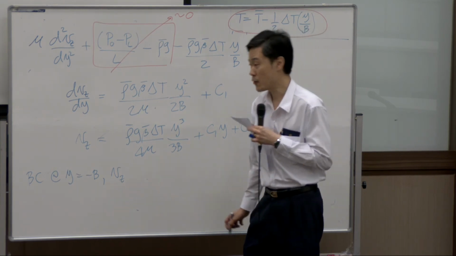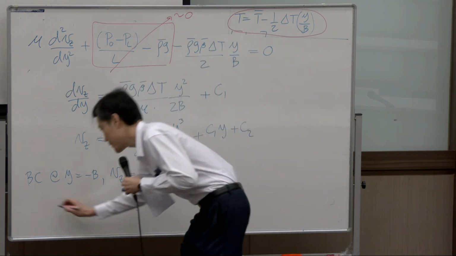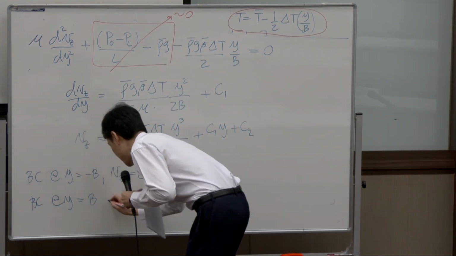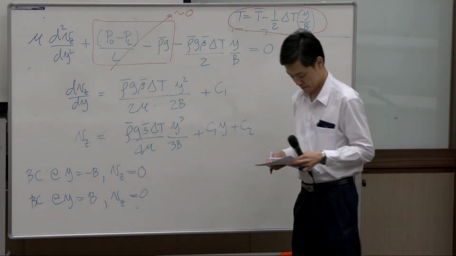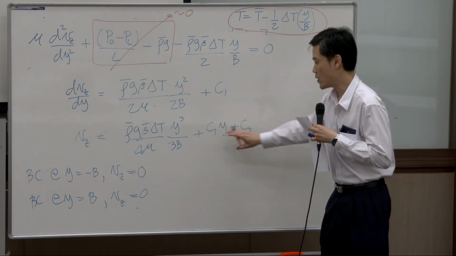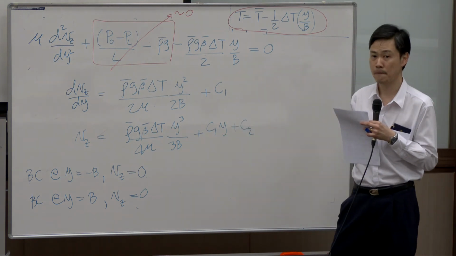Zero. Under the no slip condition, it is zero. Another boundary condition would be at y equal to plus b, Vz is zero again. Two boundaries, two unknowns. You can solve for this, and that would be your velocity profile.